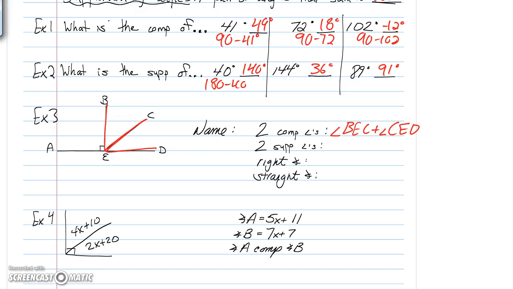Two supplementary angles, that'd be something like angle AEB and angle BED. Together they make that straight angle, or they make a linear pair, which we'll get to later on. So angle AEB and angle BED, they form 180 degrees.